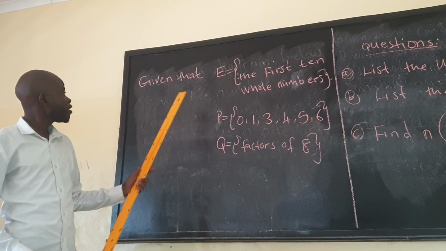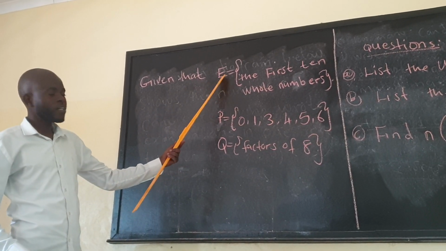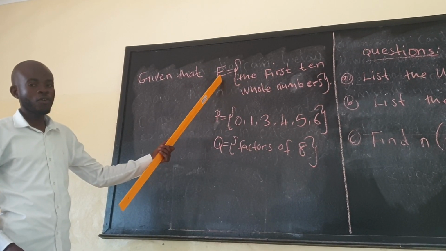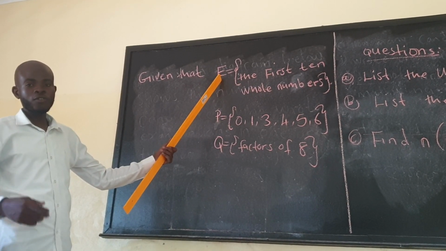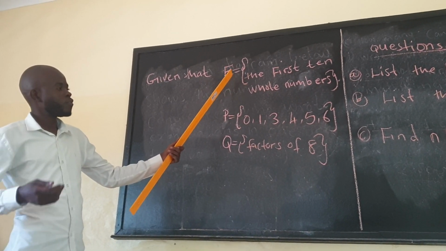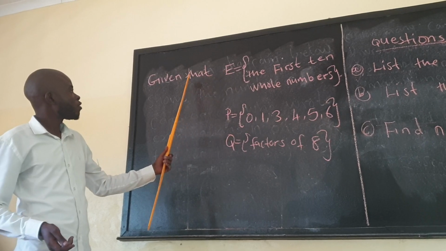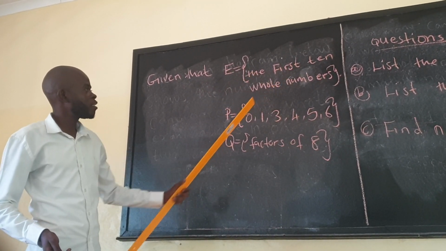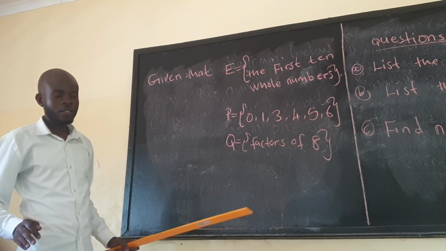The question is saying, given that E, and we all know that this letter E stands for the universal set. The universal set must have the first 10 whole numbers.